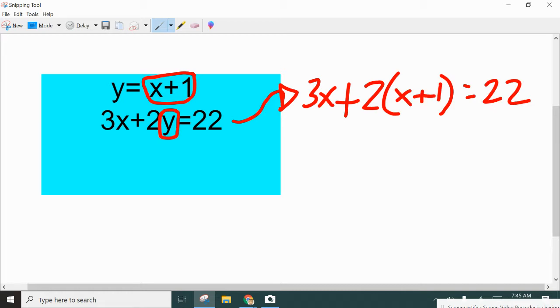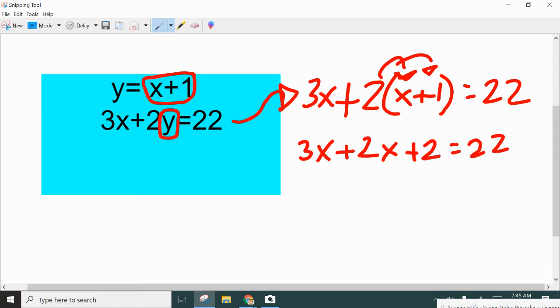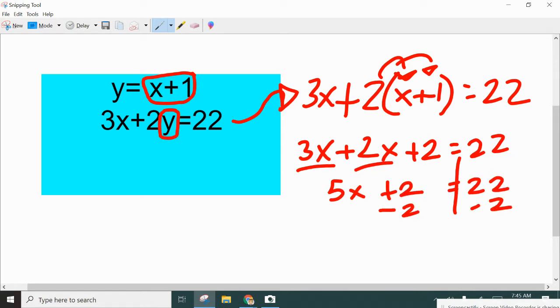In the parentheses, we're going to put x plus 1. So now I have 3x plus 2x plus 2 equals 22. Like terms, 5x plus 2 equals 22. Subtract 2.